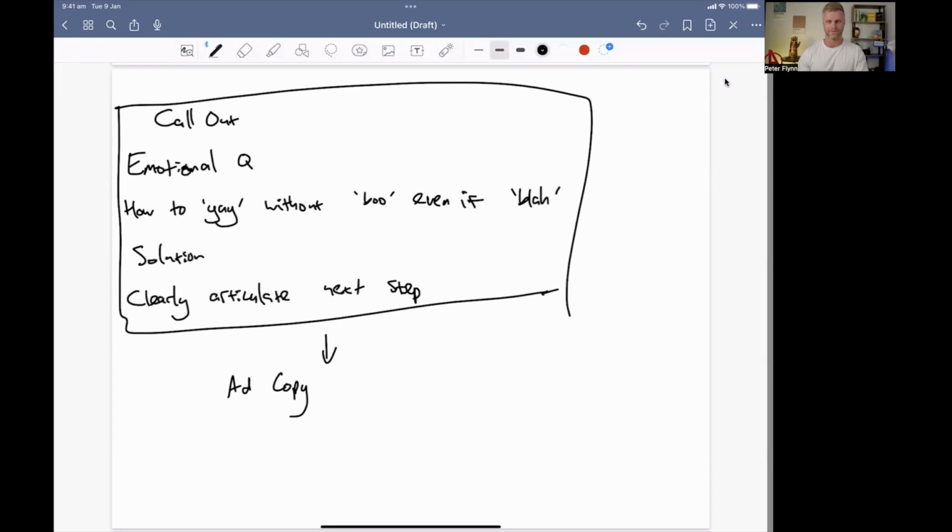Then the emotional question. Let's say we're aiming at people who are in their first year, maybe 6 months in, and the question I might ask is, are you not getting the supervision that you were promised? Or are you disappointed that you haven't received the supervision that you wanted or were promised?